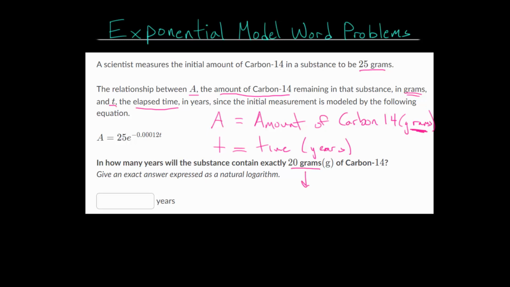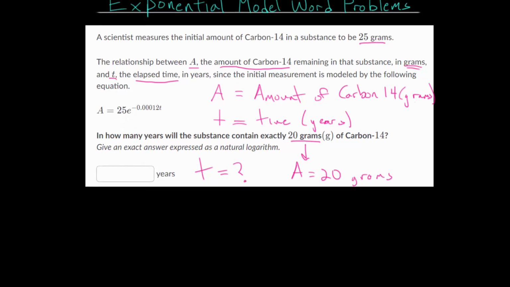So we're told that A is 20 grams, and we need to figure out how many years it'll take to get to this 20 grams. The unit on our answer is years, so that's a hint that we're trying to find the time. We know the A value and we're trying to find the T value.